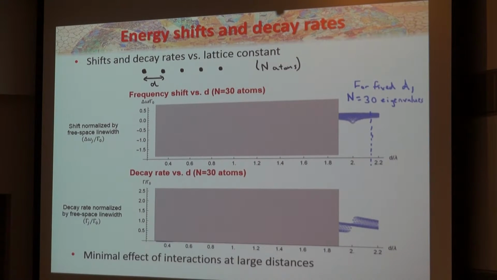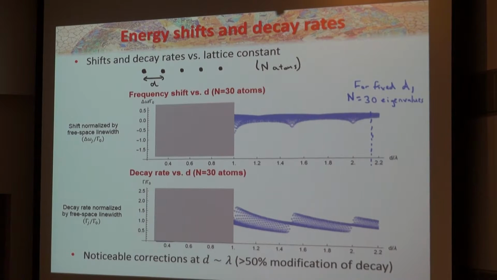Then what you can do is sweep the lattice constant, looking at smaller and smaller lattices. As these atoms get closer, the changes in the frequency shifts and the renormalization of the decay rates become more and more prominent. By the time you're at 1 wavelength, you get about a 50% renormalization of some of these decay rates.